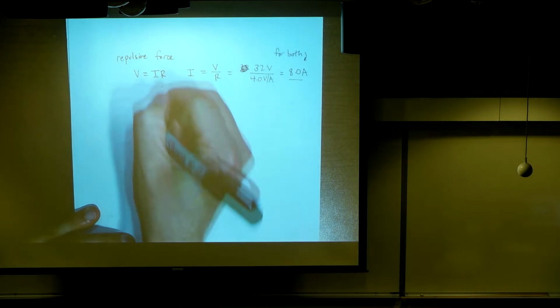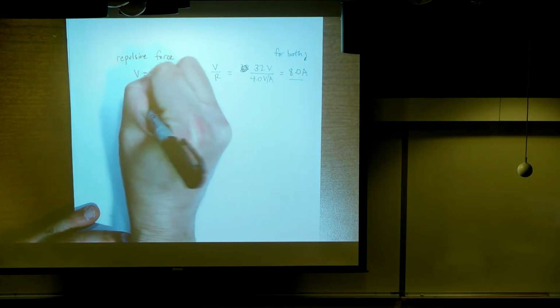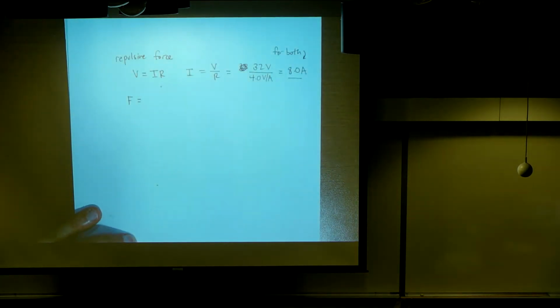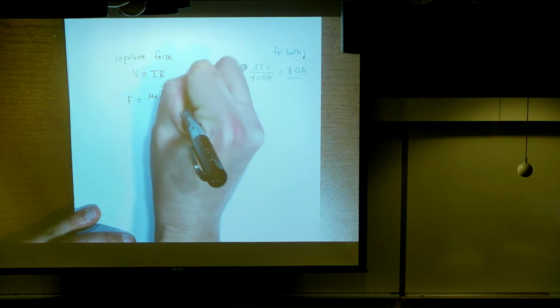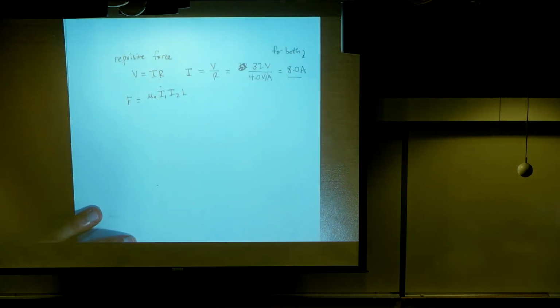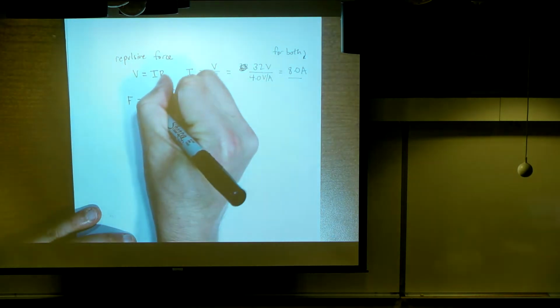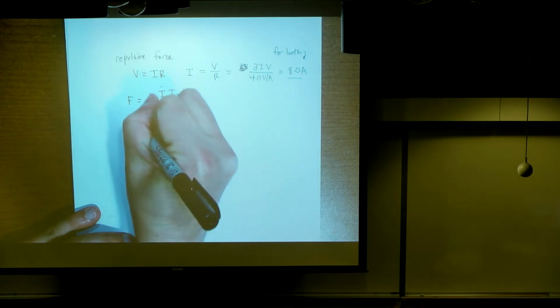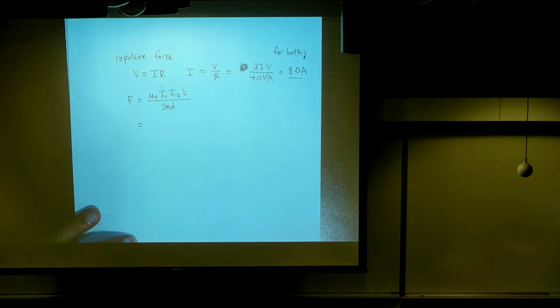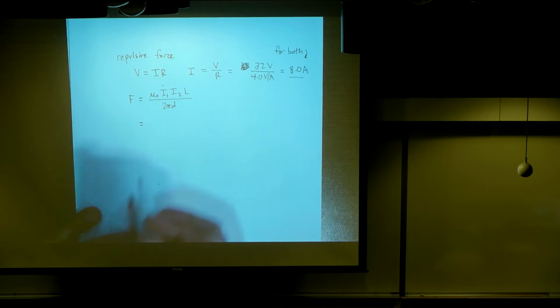All right, cool. So then let's calculate F. If you recall, F is given by mu naught times I1 times I2 times L, let's put the L on top over here, divided by 2 pi d. And let's put in the known values. Mu naught, I gave you that value before, so hopefully you wrote it down.